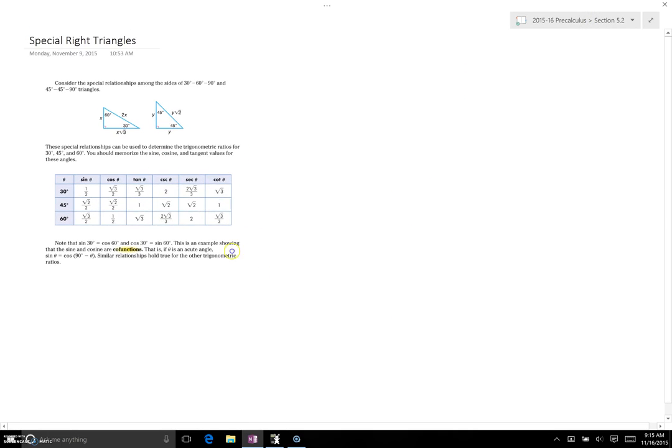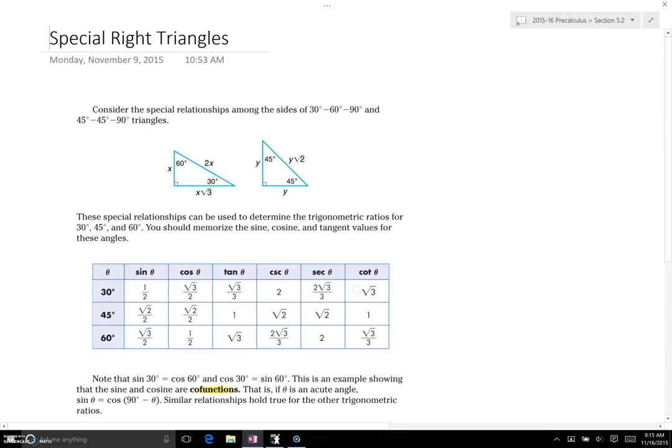The last thing that we're going to talk about are these special right triangles. So for a 30-60-90 triangle or a 45-45-90 triangle, the ratios, sine, cosine, tangent, cosecant, secant, and cotangent all come out to nice exact numbers. And if you look through this table carefully, you'll see that the numbers repeat themselves over and over again.